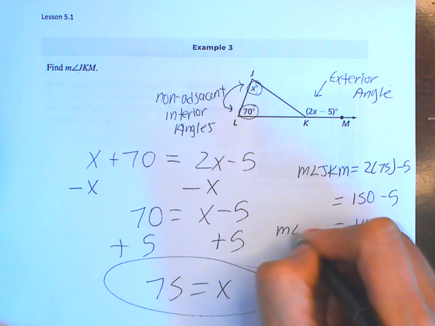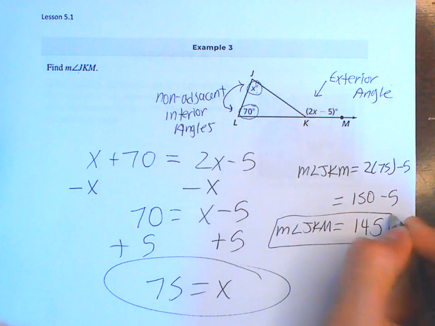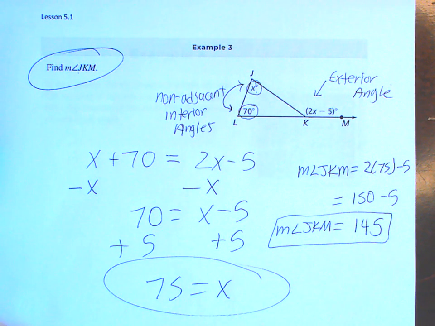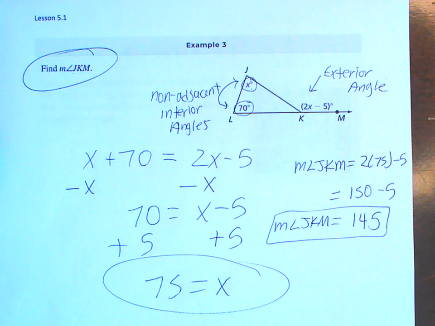So that's the measure of JKM. Always read the question. A lot of people get to this point, solve for x, and think they're done. But if the question is not asking for x, it's asking for an angle, you have to solve for x and then go back and plug it in. So always pay attention to the problem.